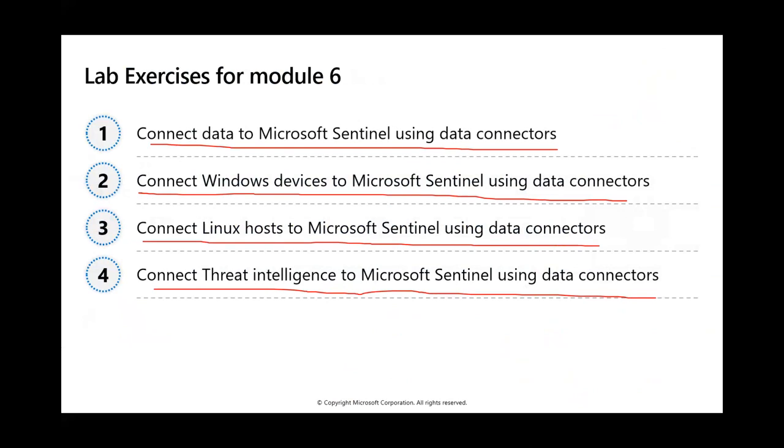Another question is, can external sources, for example from another tenant, be connected to a central Sentinel, and how? Remember that Sentinel is using a Log Analytics workspace. So if you remember, how can we connect data to our Sentinel? Through the data connectors.